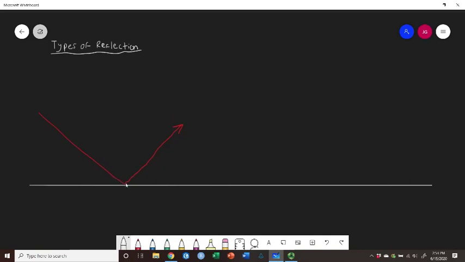Mirrors are a great example of this. Calm water is a great example, where the irradiance comes in at one angle and all or most of it leaves at another angle. We would call this type of reflection specular reflection.